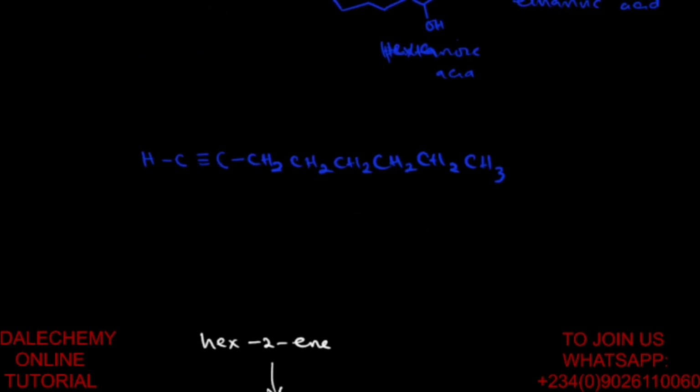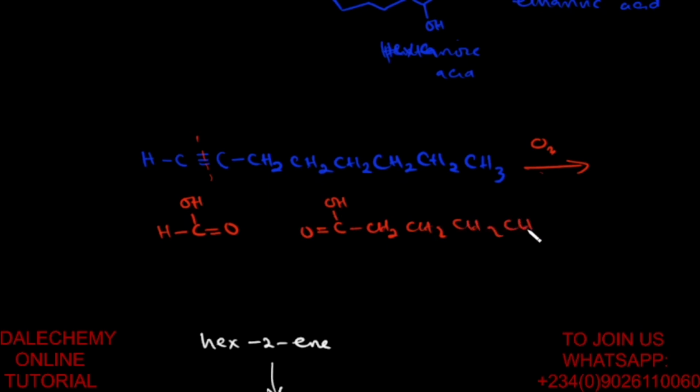So if you want to ozonize this, that's going to just cut the triple bond, and we're going to have HC. You put the double bond oxygen, and you put OH. Here you will just put double bond O on the C, and you are going to add OH there. Then you have CH2, CH2, CH2, CH2, CH2, CH3.